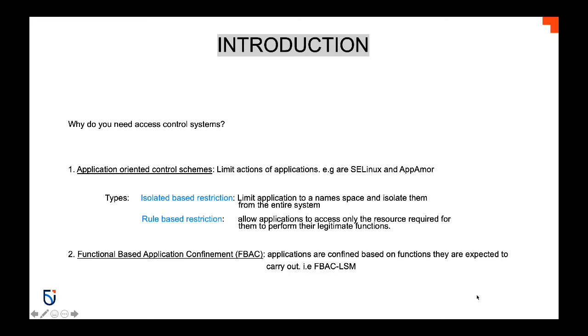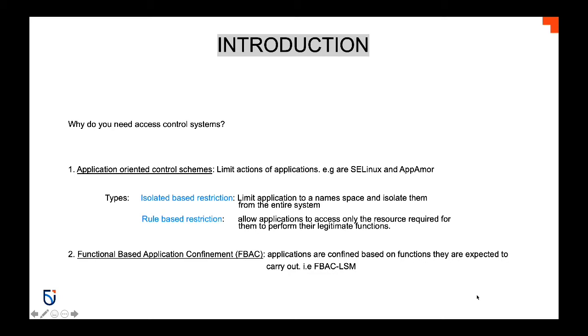The other type of application-oriented control scheme is a rule-based restriction. This rule-based restriction employs what we call the least privilege concept, and this enables applications to interact with only the resources they need to perform their legitimate task.